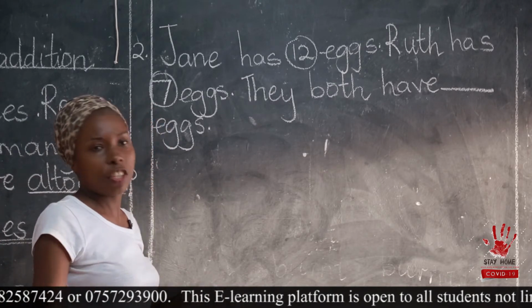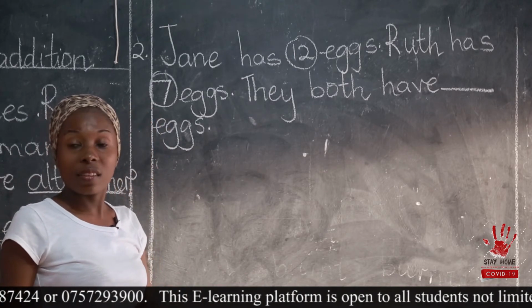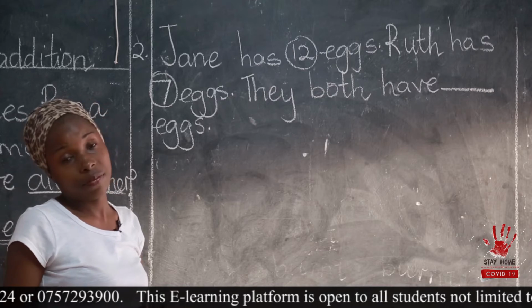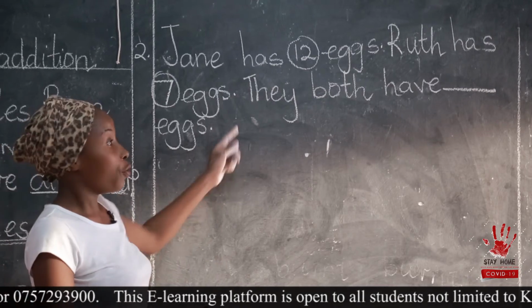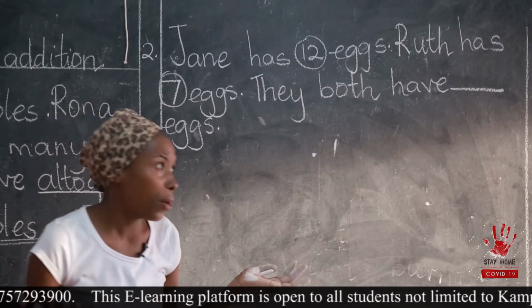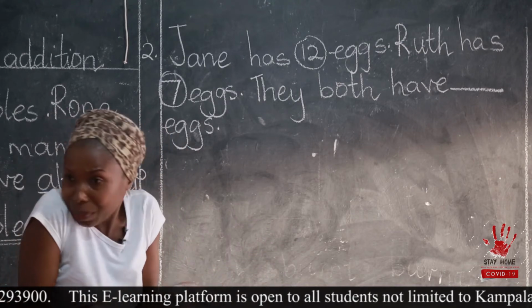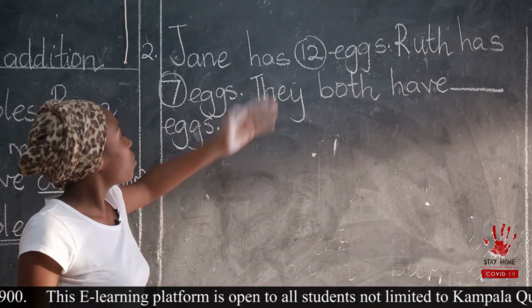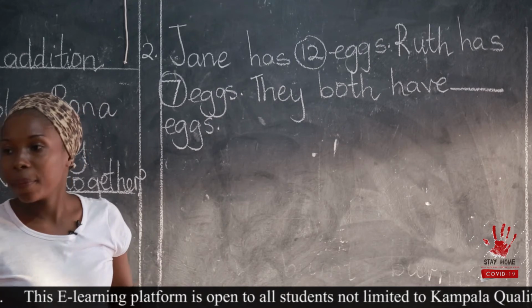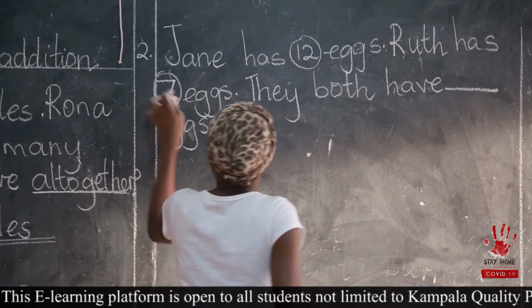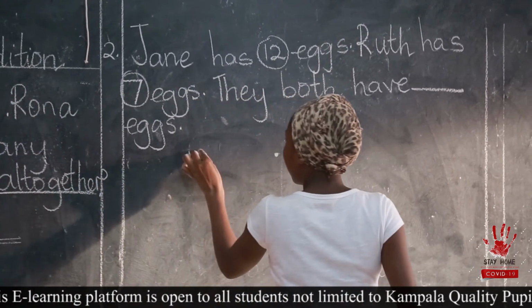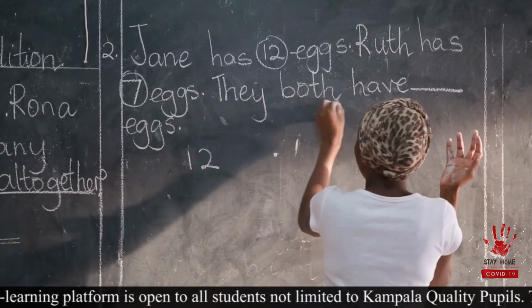I always want you to make things easy for yourself. If you don't circle them, you might take a lot of time looking around for the number. Where is the number? What am I going to do? What am I dealing with? But if you circle them, you know. I am now dealing with 12 and 7.